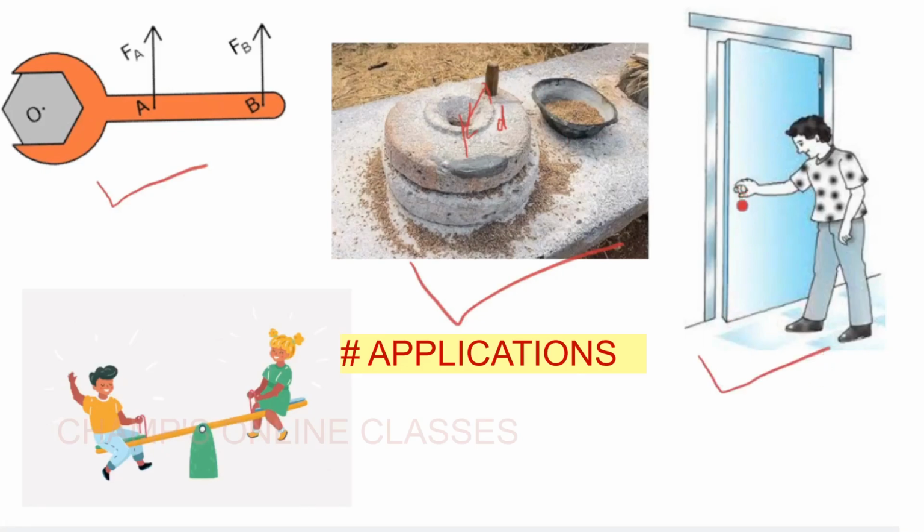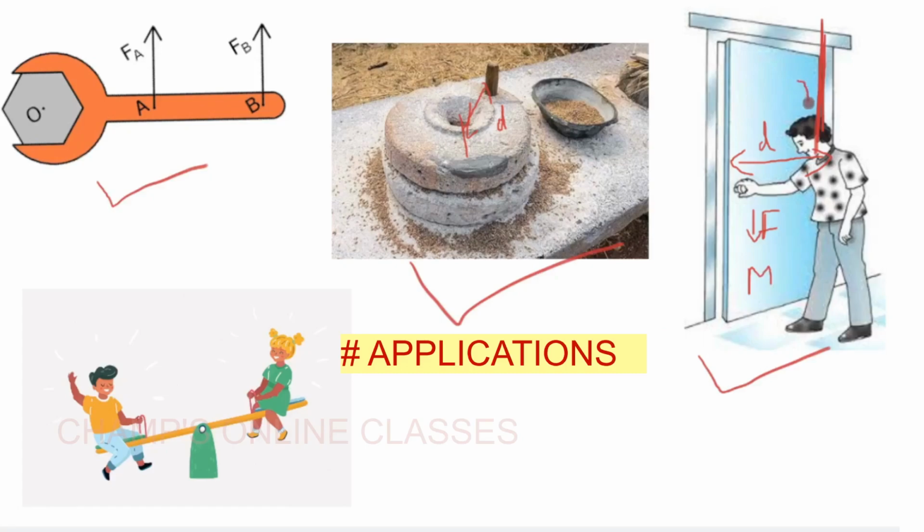Where is the handle provided? Near the free end. In this case, the hinge acts as an axis of rotation and we have the handle near the free end so that we can have maximum D. And we all know when D is maximum, then even with less force, we can have more turning effect, that is more moment.